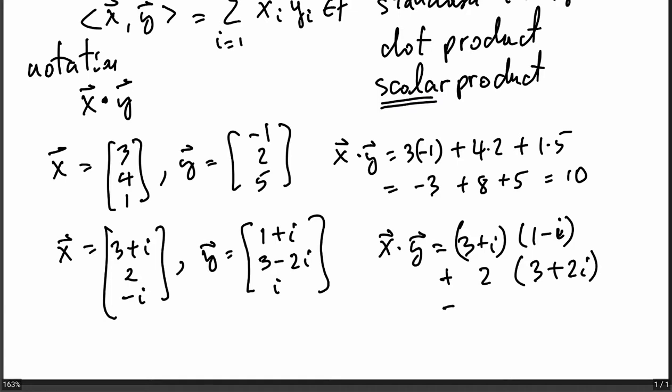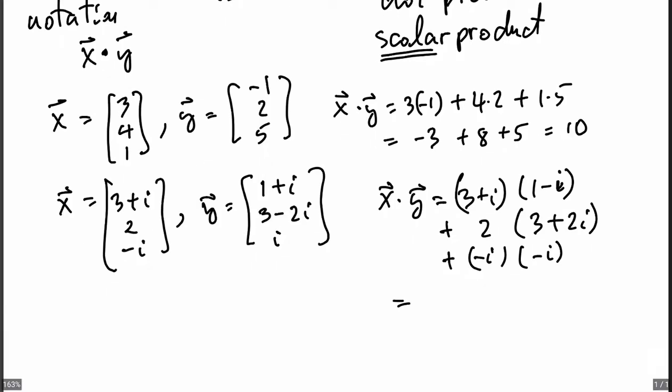and plus minus i times the conjugate of i, which is minus i. So multiplying this out, we would get 3, plus i minus 3i minus 2i, then i minus i, it's plus 1, plus 6, plus 4i, and minus 1.